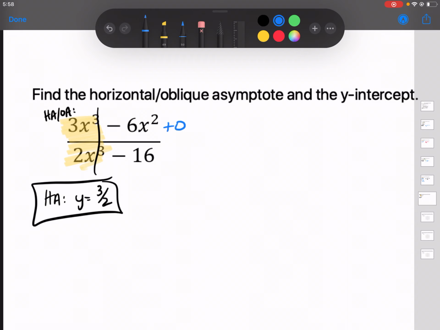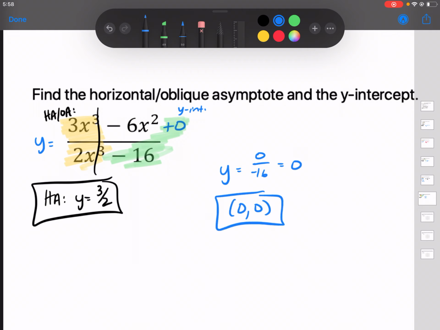And then for the y-intercept, you're going to look at the constants as that quick trick. So y is equal to 0 over negative 16, or just 0. So our y-intercept is at 0, 0. Let's do some more exciting ones in a second.